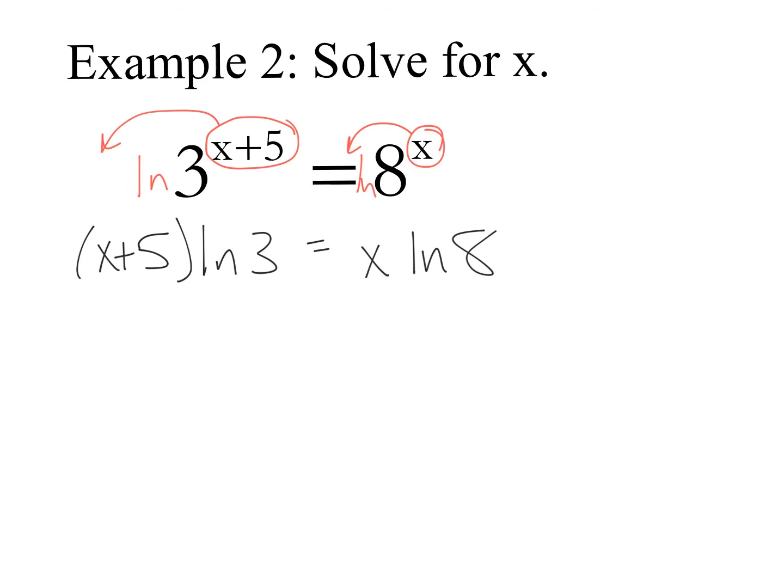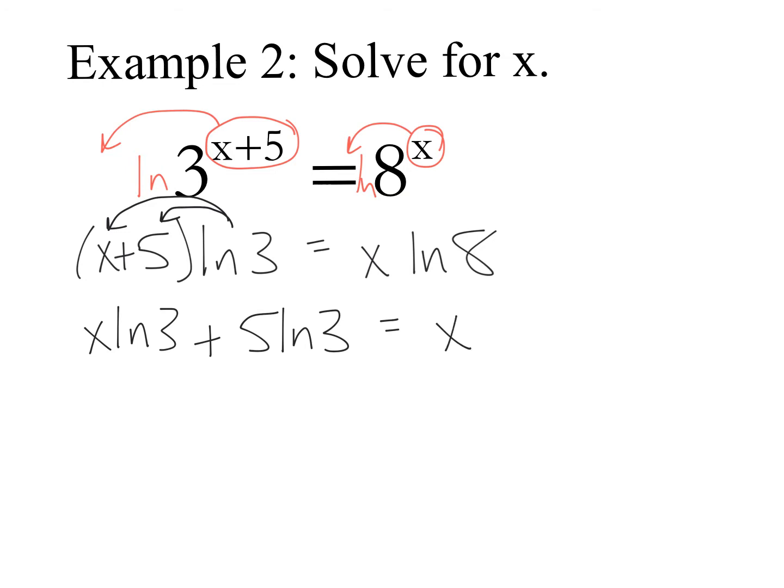So what I'm going to do now is distribute this decimal into this parentheses, which is a little strange. I have x ln 3 plus 5 ln 3, and on the right hand side I still have x ln 8. Now what you'll notice is I'm trying to get x by itself. That's what the question is telling me to do, and I have an x here and an x here.